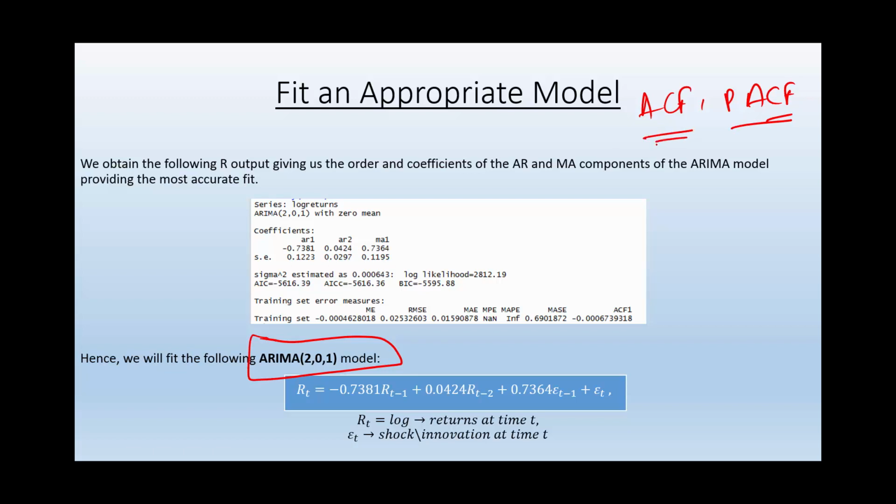You can always try new terms in AR and MA and see what the ACF and PACF say about the AR and MA terms. From the ARIMA model, you might have learned how to pick the AR and MA terms. So we just tried out ARIMA 201. You can also try out 202 and so on, and see which one is your best model.